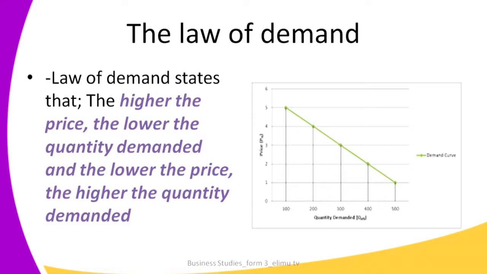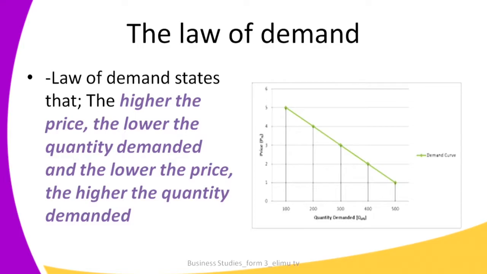From the demand curve, which slopes downwards from left to right, you can see that if the price is 5, the quantity demanded is 100. If the price decreases from 5 to 4, the quantity demanded increases from 100 to 200. If the price drops further to 3, the quantity demanded increases to 300.